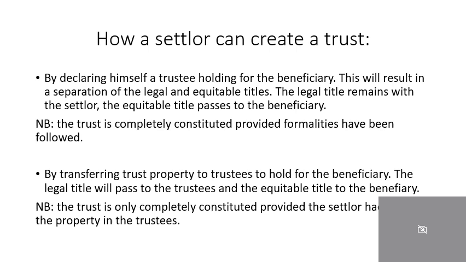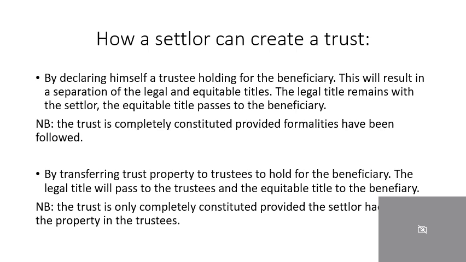Okay? Now, the example I gave you of the grandfather declaring himself a trustee of those shares for his grandchildren is an example of a completely constituted trust. Why? Because the legal title is vested in the trustee, in this case the grandfather.